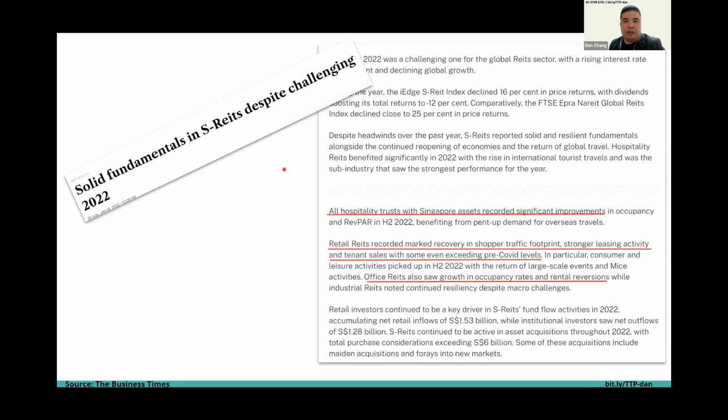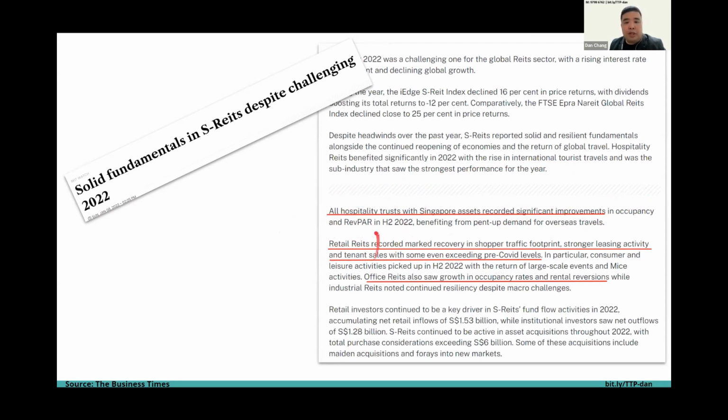Okay, so the sectors I've been looking at, as I mentioned earlier in my trade plan, are hospitality, retail and office. You may be wondering why. Okay, so as you can see, hospitality has actually recorded significant improvement over the second half of 2022. Okay, that's because of pent-up demand for overseas travels. So this is not even including China, mind you, because China was not open yet in the second half of 2022.